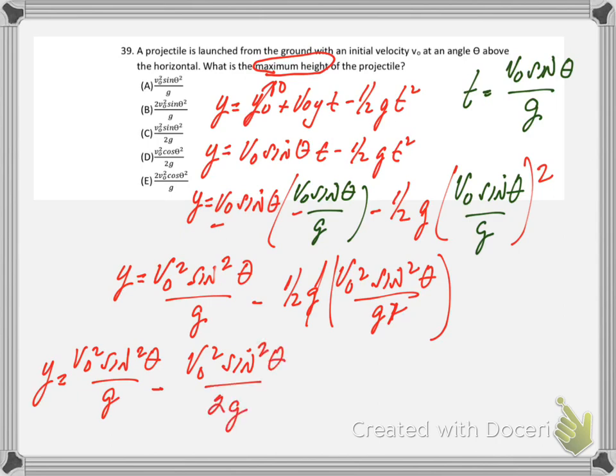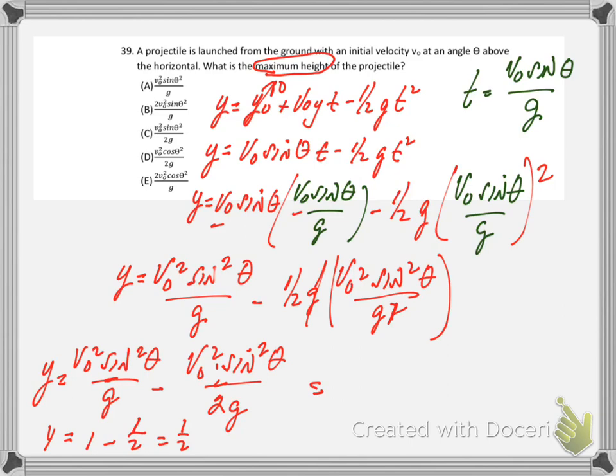Now, if you look at this, the numerators are identical here, right? And it's over 1 over g, so over 1 and over 2g. So it's almost like saying we have y equals 1 minus 1 over 2, 1 minus a half. So 1 minus a half is going to give us a half.